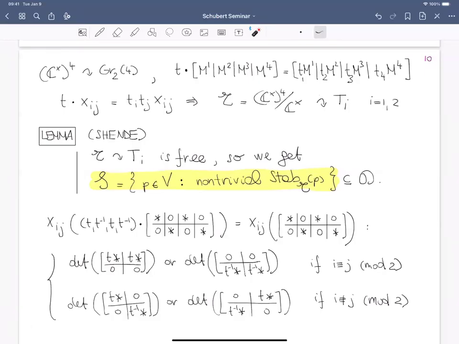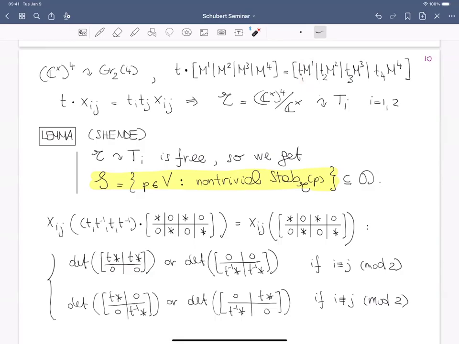So there is an action of a four-dimensional torus in my example, and it's just the action that takes T and uses T to scale all the columns of the 2x4 matrix by the entries of T. So the first column gets scaled by T1, the second column by T2, and so on.